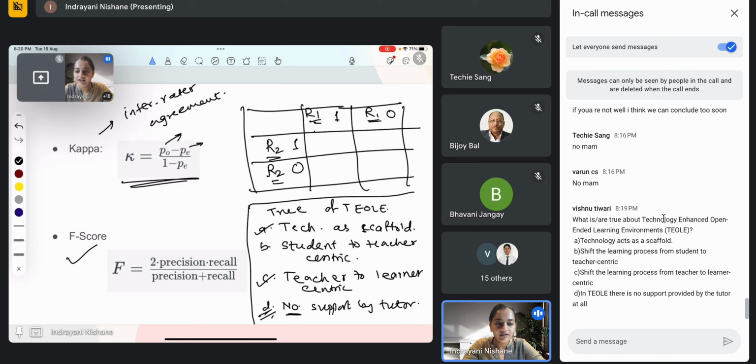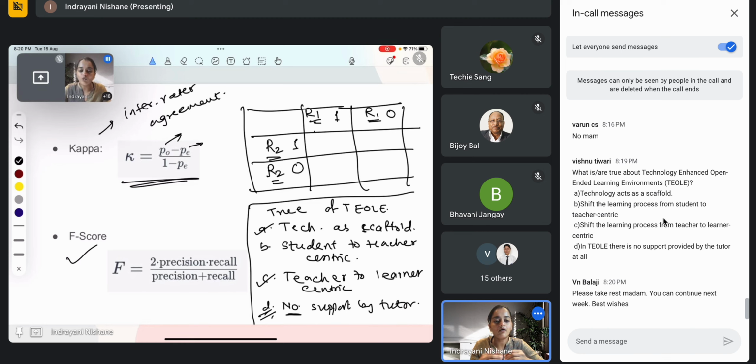We are shifting the entire learning process from teacher centric to student centric, and more towards content centric. The content is at the center, and the learner is free to choose his or her own learning path. In that sense, a tutor may or may not be present.